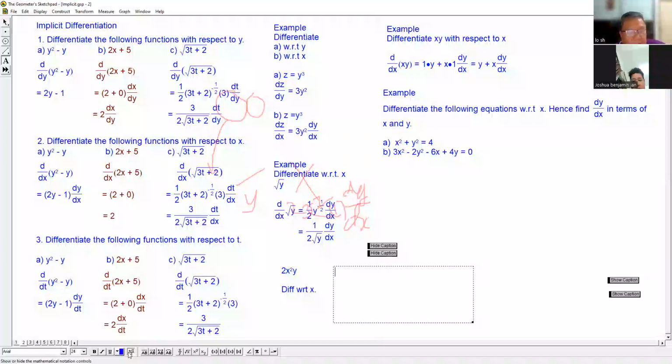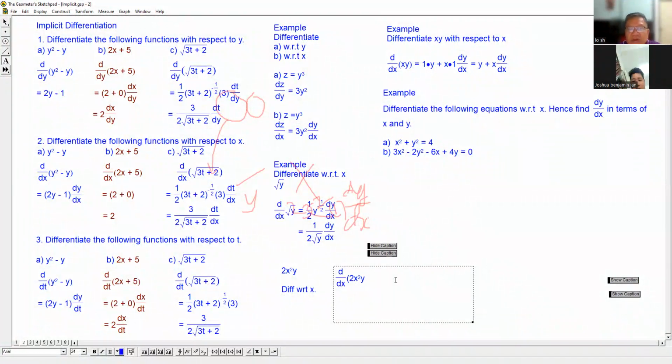So what we have here is d/dx of 2x squared y.